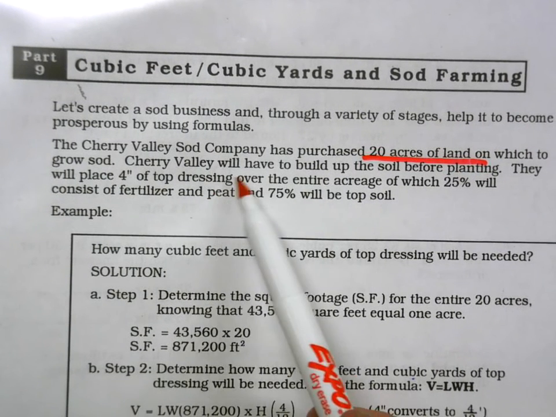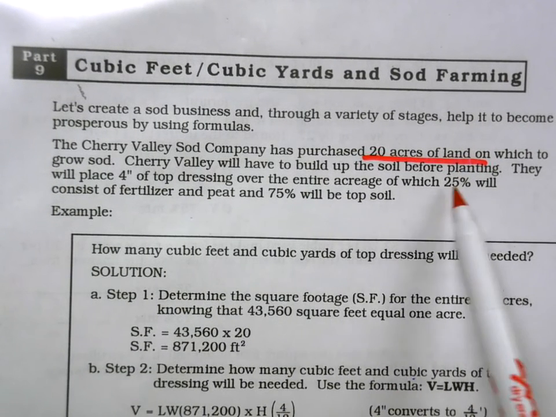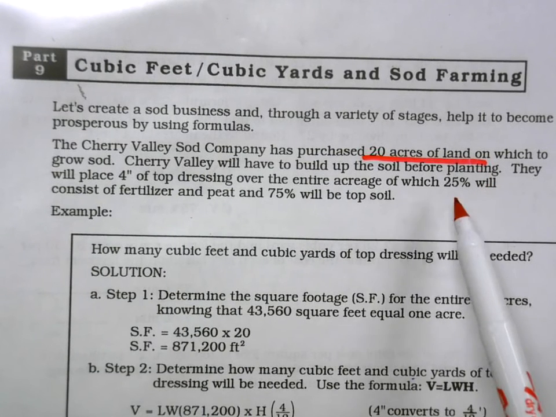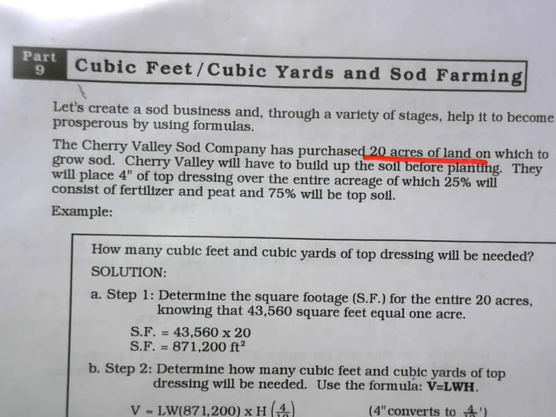Okay, Cherry Valley will have to build up the soil before planting, because how many of you know that sod is like grass that's planted in there and you cut it up and then you take pre-planted and grown little squares of grass, right, to landscape companies or schools or wherever.